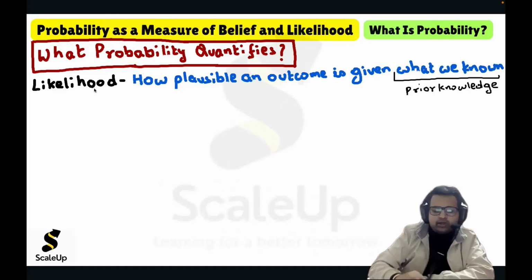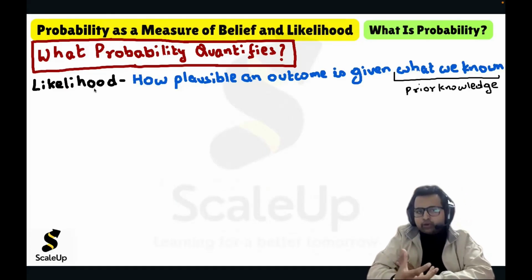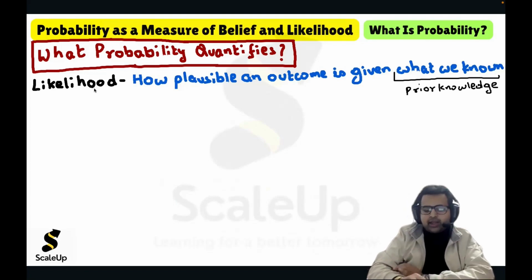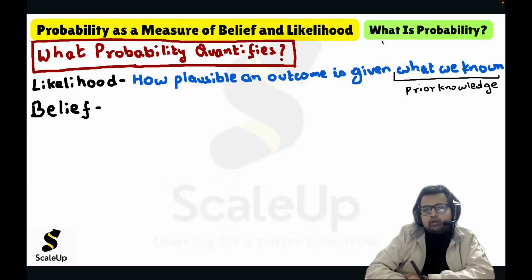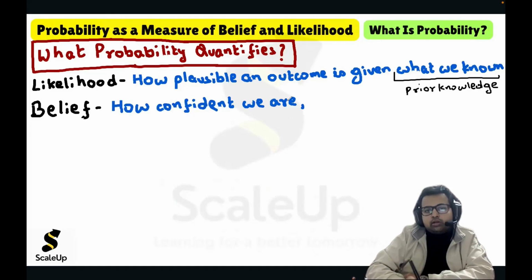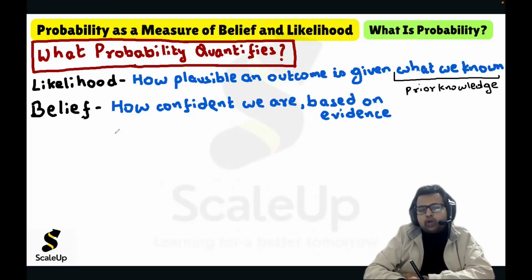But now it's very clear what likelihood is. Likelihood means, based on the information and knowledge we already have, how plausible an outcome is. It's like a conditional probability. Then we have something called belief. Belief means how confident we are based on evidence.